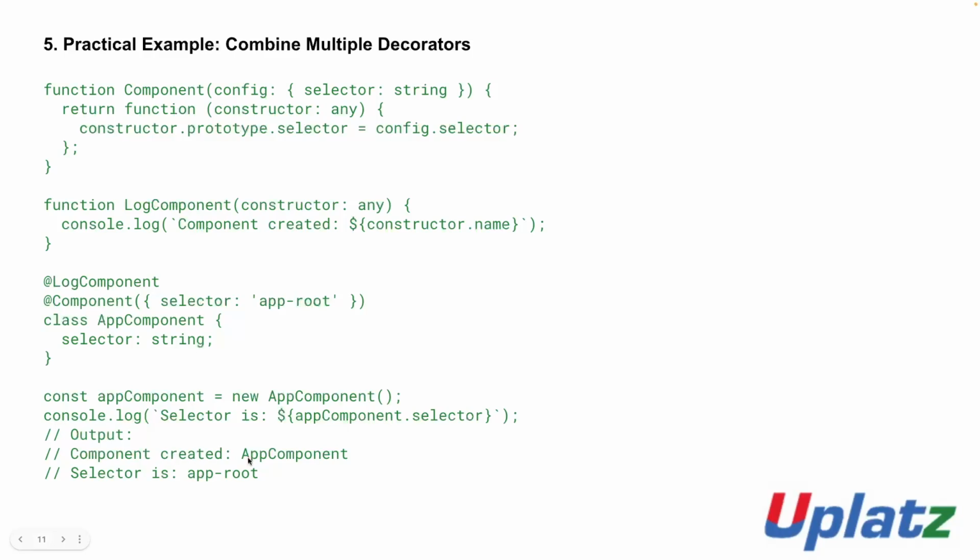Output: component created AppComponent. Here, component created, this is AppComponent and the selector is app-root.